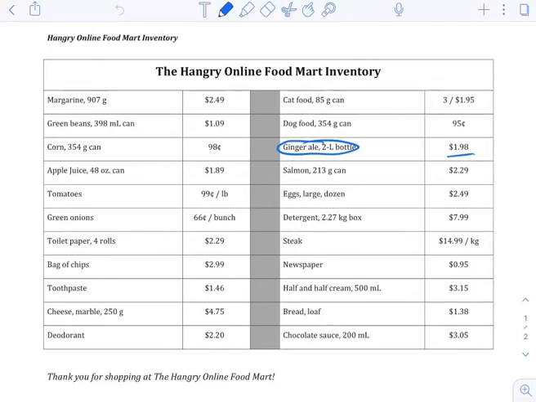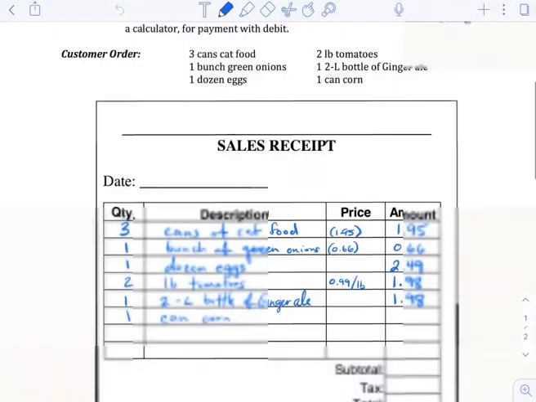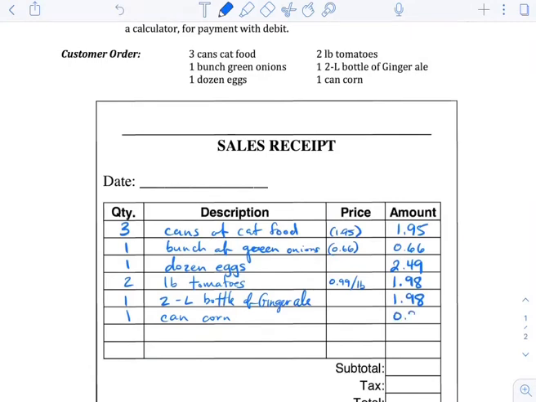We'll look for it right here, 98 cents for 1 can. So for these ones, the price was the same as the amount for all of them. So we didn't really have to do much multiplying except for the tomatoes because we bought 2 of them. They were 99 cents each, and I had to multiply it by 2 in order to get our amounts.